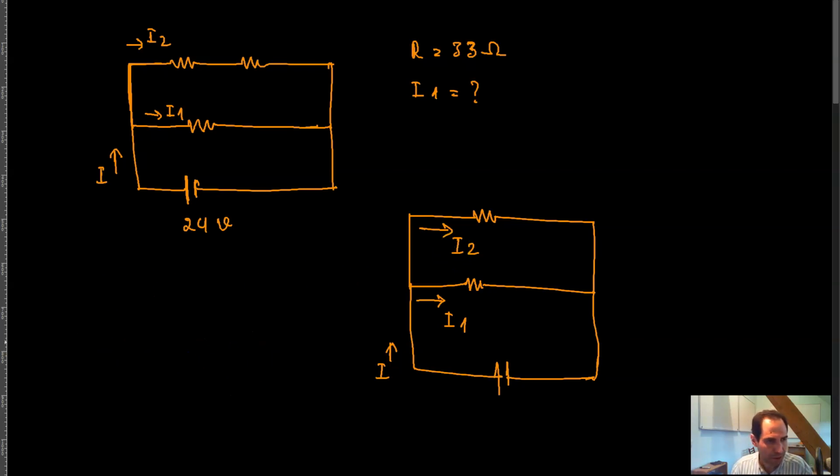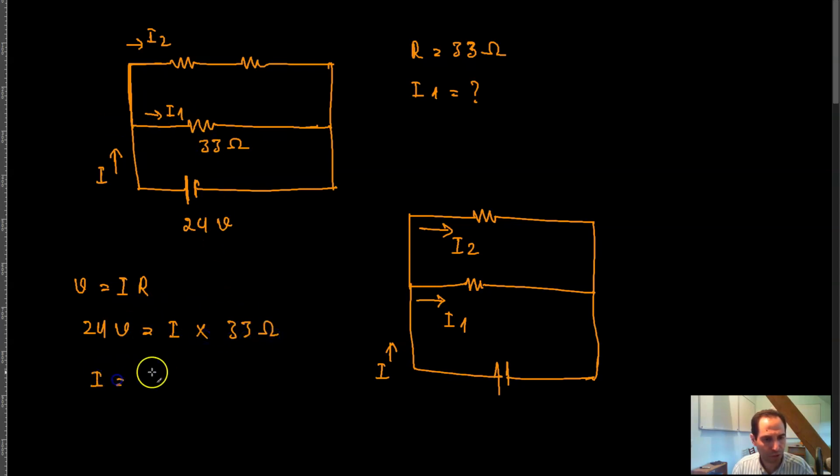Which means that if you want to calculate your I1 over here, you have a 33 ohm resistor here, and you can just simply apply Ohm's law to this resistor. There is a 24 volt supply on the two ends of the resistor, which means that V is equal to IR: 24 volts is equal to I, which is what you want to calculate, times R, which is equal to 33 ohm.